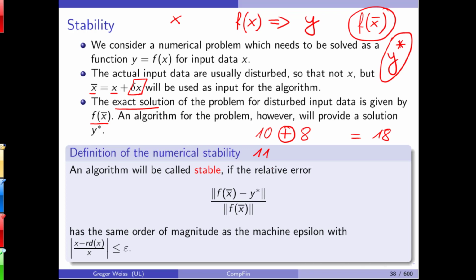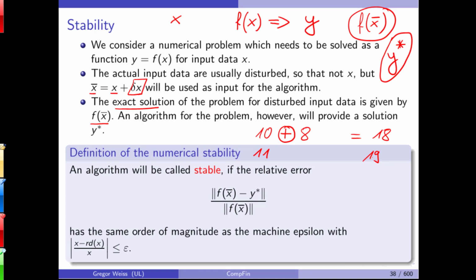What should I expect? If the algorithm is fine, I have to accept 19. This is not the 18 I'm looking for, but what kind of algorithm should this be? If I give the algorithm wrong data, but it still gives the correct answer, that should not happen. Garbage in, garbage out, but it should be the correct amount of garbage.